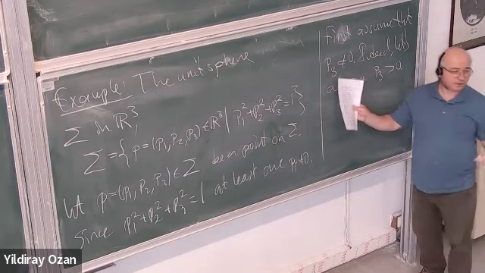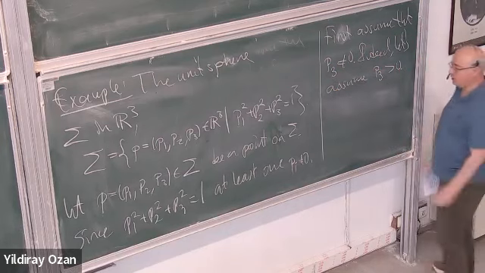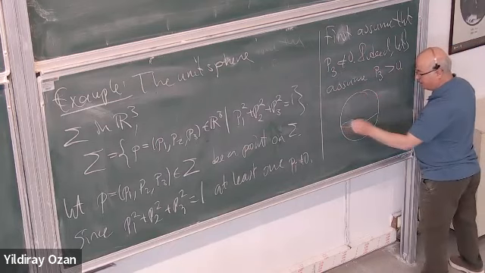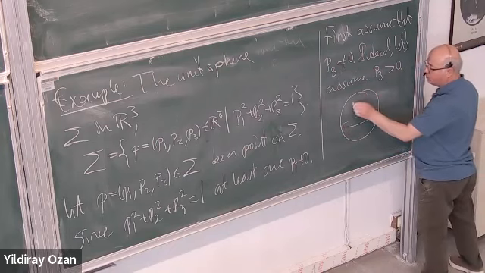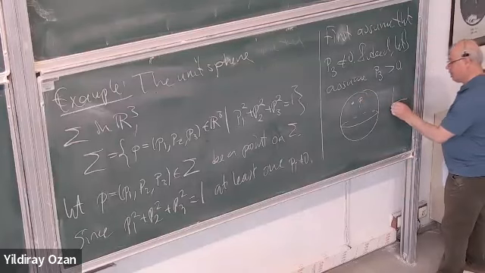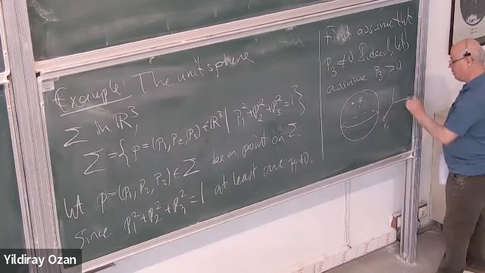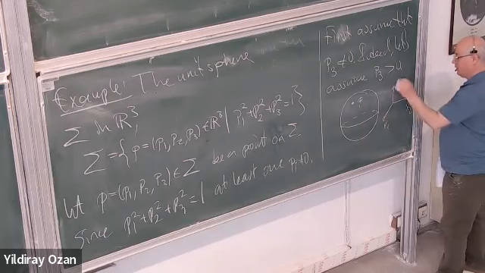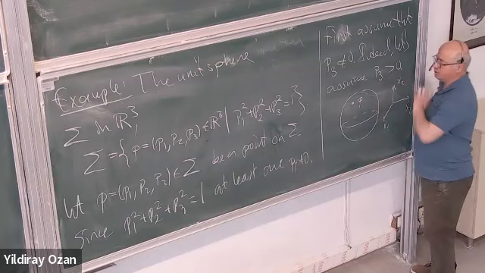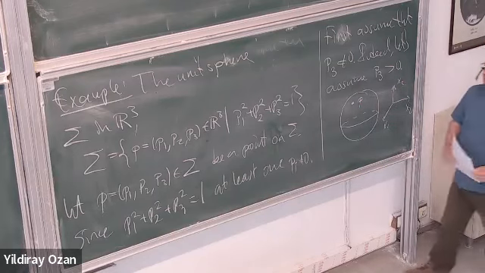It may be negative too, but let's assume for the time being it is positive. So our point is a point on the northern hemisphere. X1, X2, X3. It is the unit sphere and the last coordinate is positive.